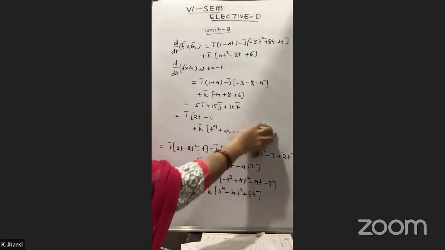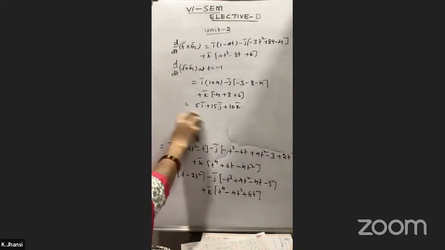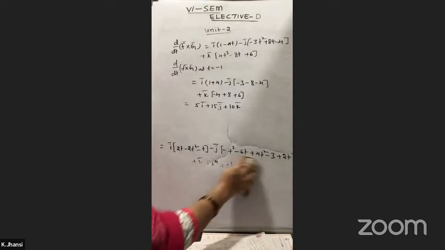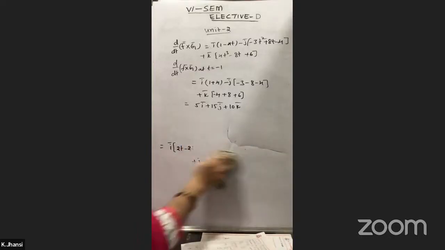If t value is given in the problem, then at last we substitute that also. Okay. So this is the method how to solve the problems for the differentiation.